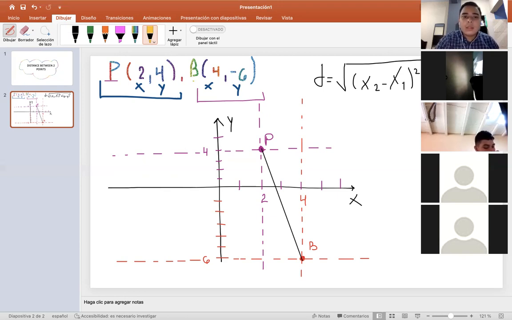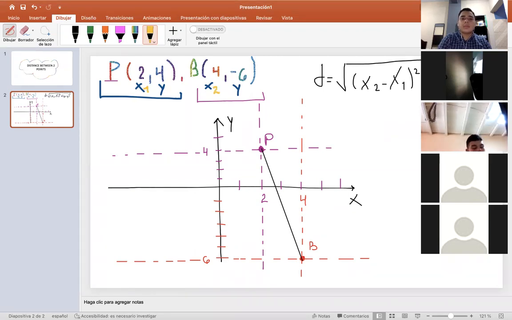If you can see, we have two points together, right? So which one is going to be the first point that you see in here, guys? Point P or point B? Point P, right? So this is going to be x1, and the second one is going to be x2.